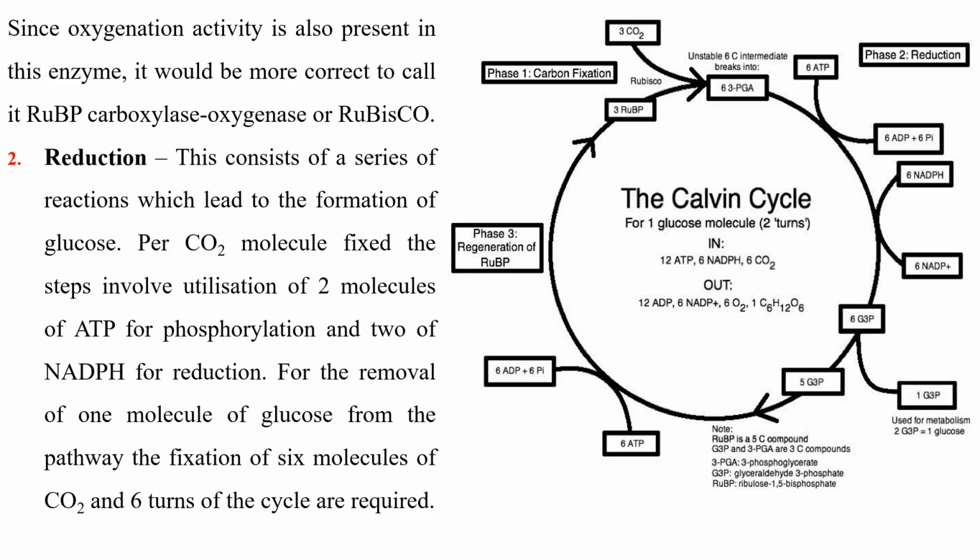Per carbon dioxide molecule fixed, the steps involve utilization of 2 molecules of ATP for phosphorylation and 2 of NADPH for reduction. For the removal of 1 molecule of glucose from the pathway, the fixation of 6 molecules of carbon dioxide and 6 turns of the cycle are required.